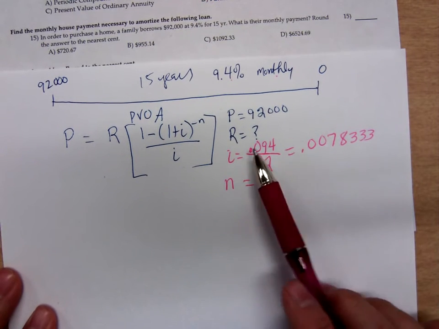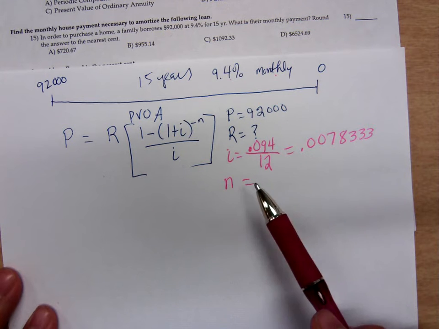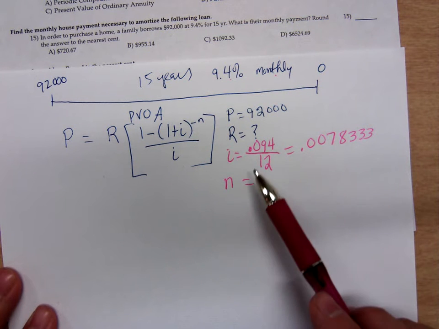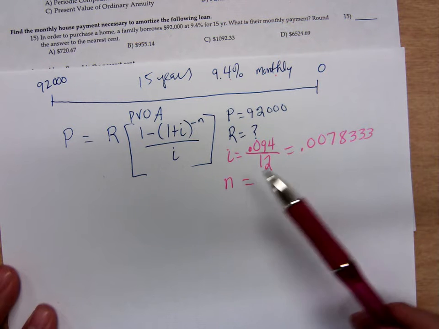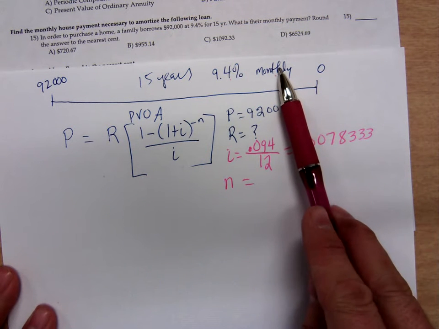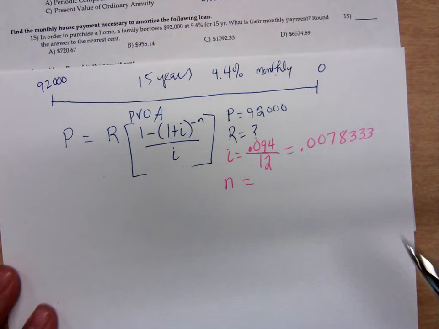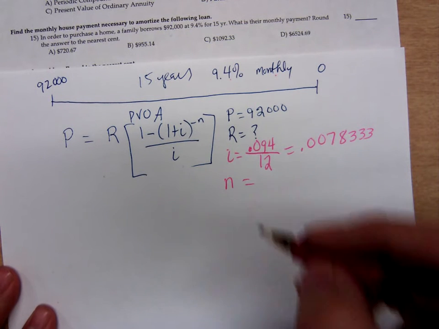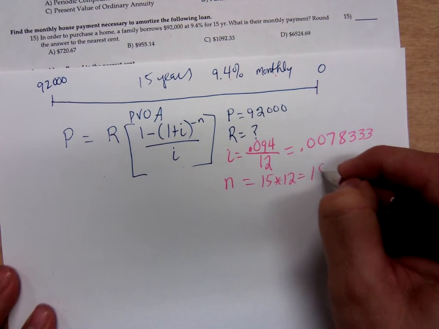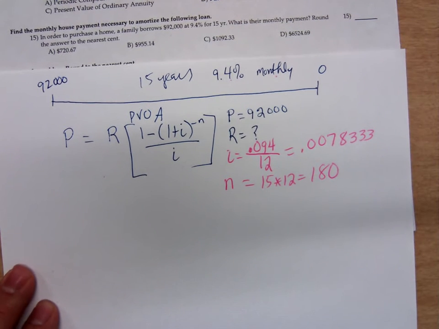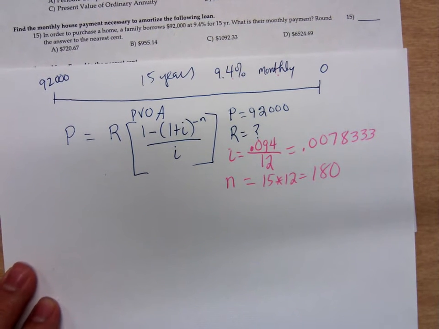To get I, you divide. To get n, you multiply. This is the total number of periods. How many monthly periods will there be in 15 years? 15 times 12, that's 180. So on a 15-year house loan, you're going to make 180 payments.